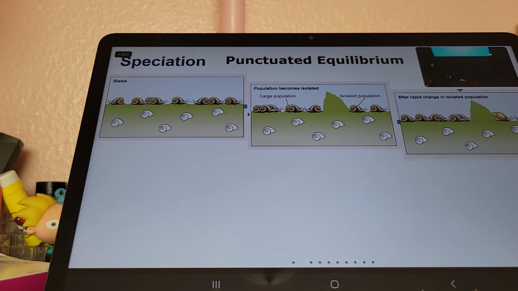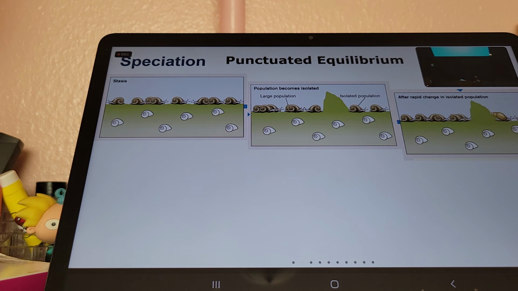Then we start to see a change because of the environmental differences in the region that the isolated population is. Those pressures could be food pressures, it could be climate, it could be predation, sexual selection could start to play, any number of different selective forces could be operating. But it's a different selective force operating on the isolated group than from what's operating on the core group that is still adapted to that core environment.